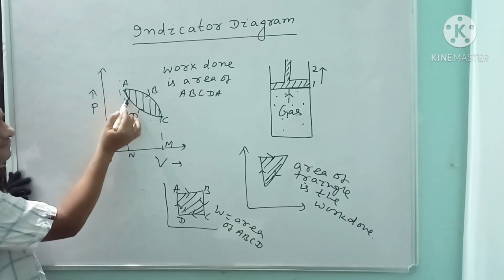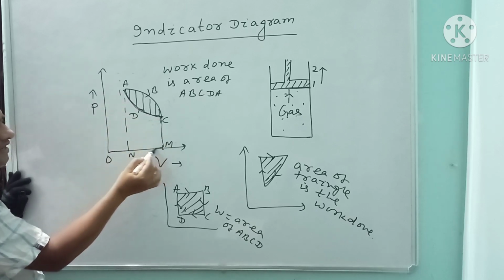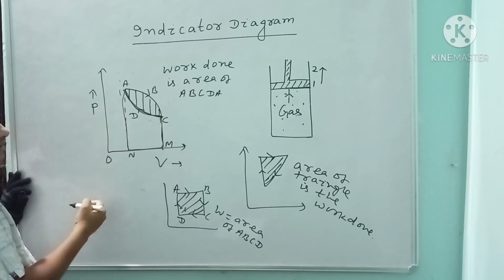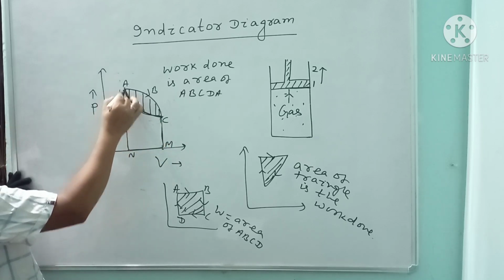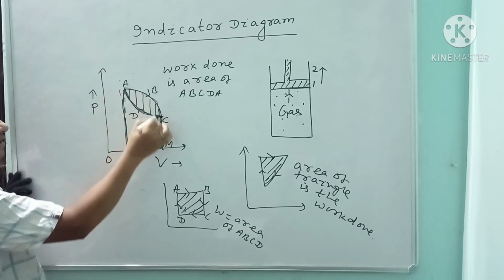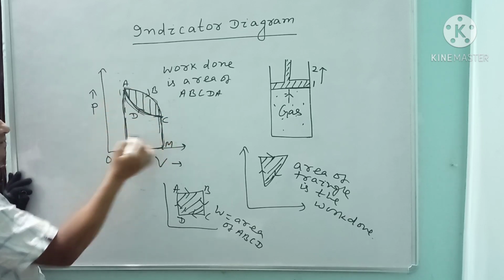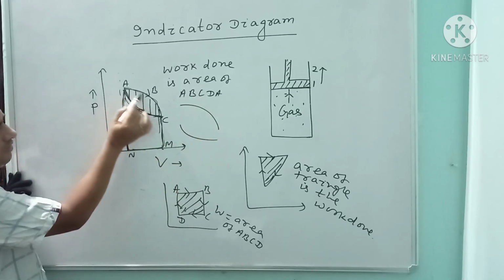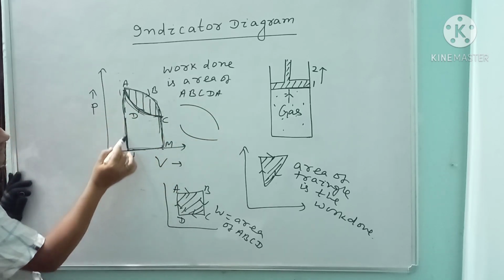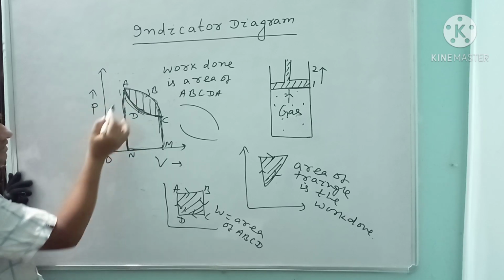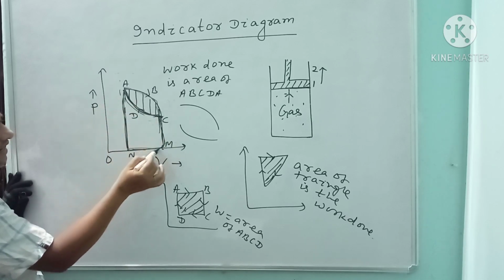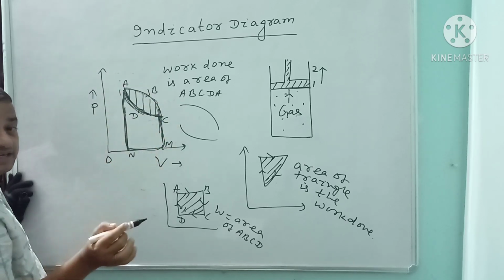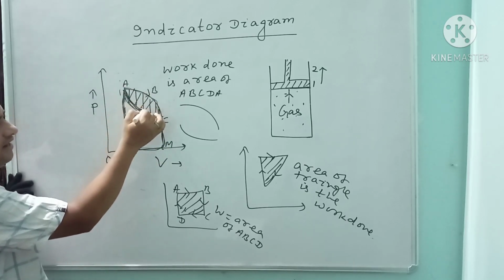Take this area. For this graph, you take this area. Now subtract the big area from this area, because the graph is this one and that one. So you see, take this area, then you take that area. From the big area, if you subtract this area, you will get this area.